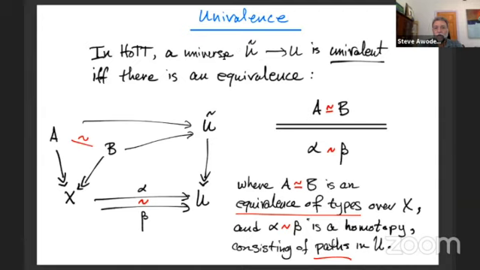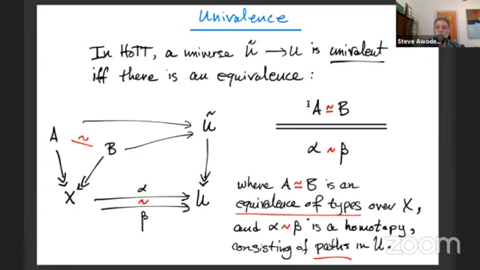So first of all, informally, in HoTT, we have a universe, which is a kind of object classifier, and we say that it's univalent if it has this property. When I look at the maps that are classified, so here, for example, this family A is classified by alpha, then if these classified maps are equivalent over X, then their classifying maps are homotopic.